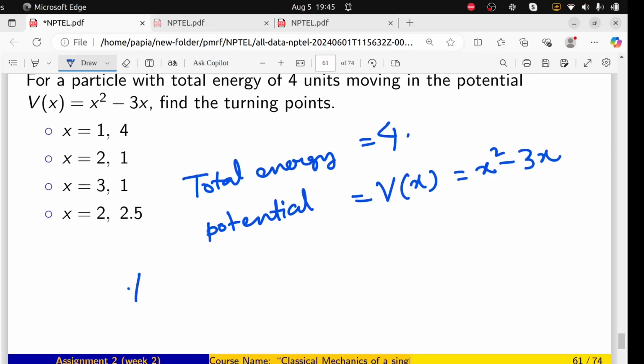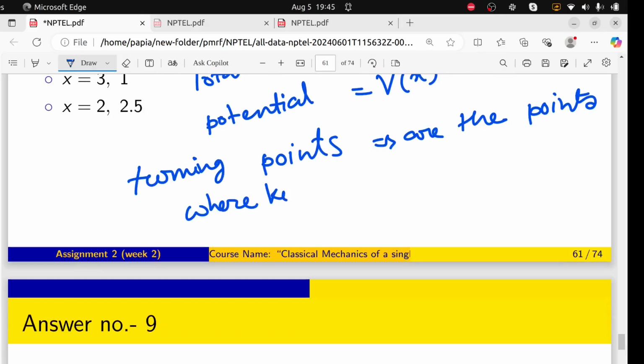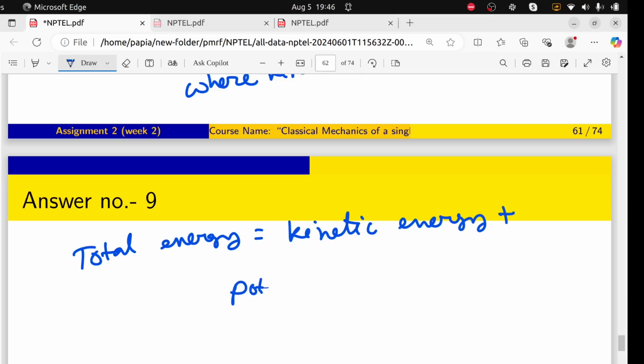First of all, the turning points are the points where kinetic energy is 0. Now you can see total energy is kinetic energy plus potential energy, right?